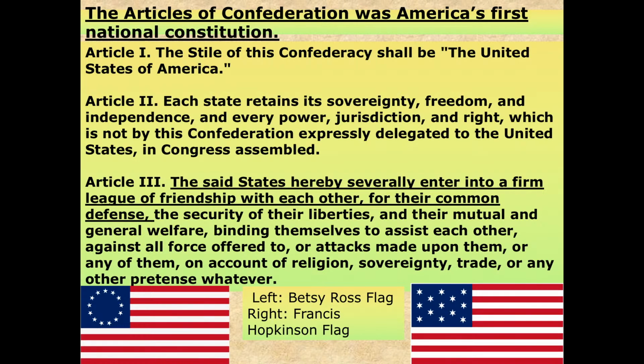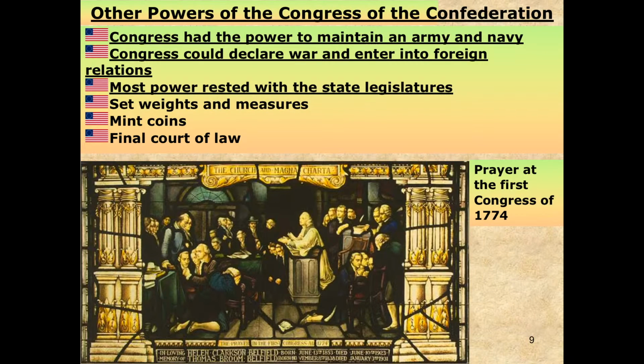But essentially, seriously, the states had the ultimate authority. Yeah, sure, Congress could call up a navy and an army, but it had to ask the states for permission. Congress could declare war and enter foreign relations, but again, the states need to give their permission.